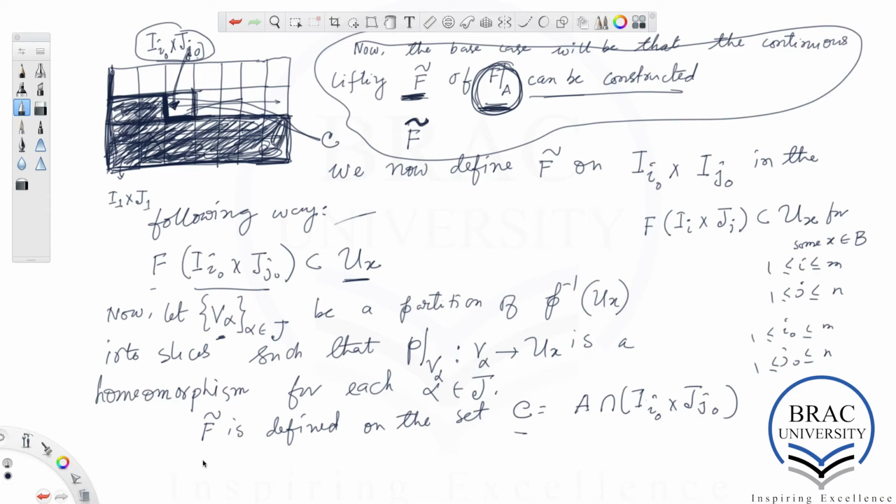So the image of C under f tilde is going to be connected as well, according to the theorem of point-set topology, like we have mentioned before. So f tilde of C is connected.